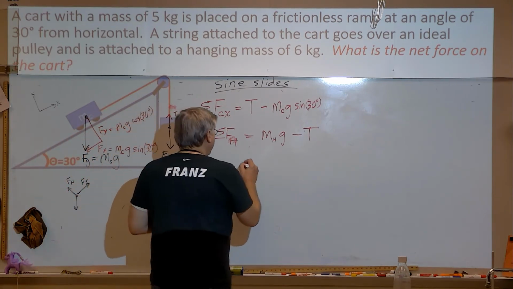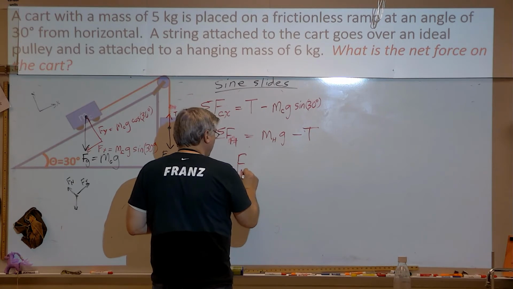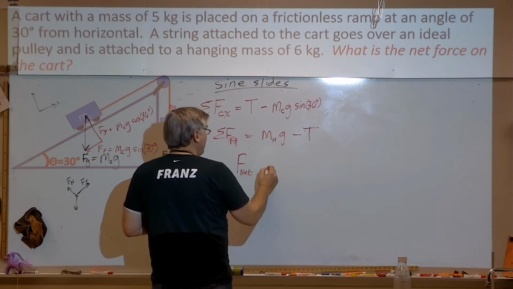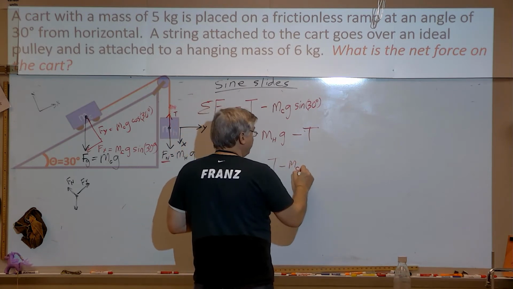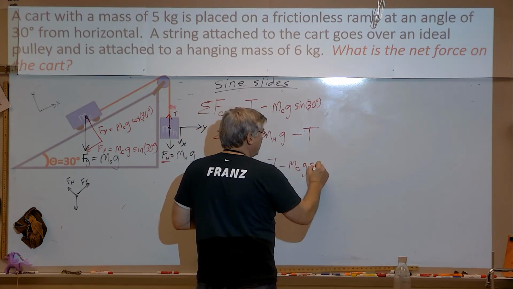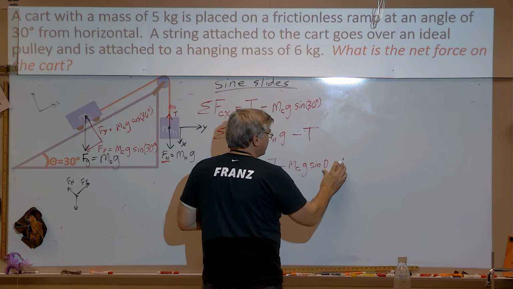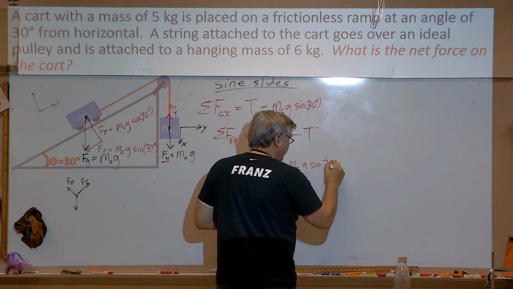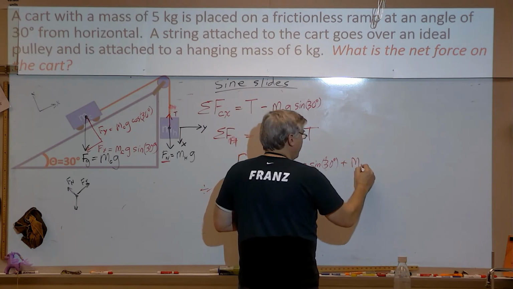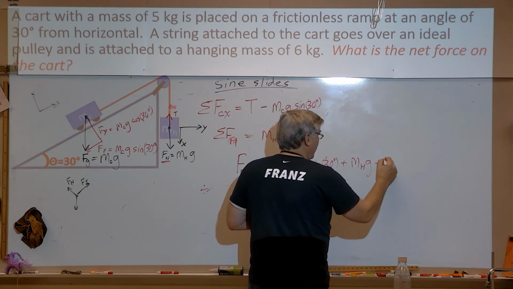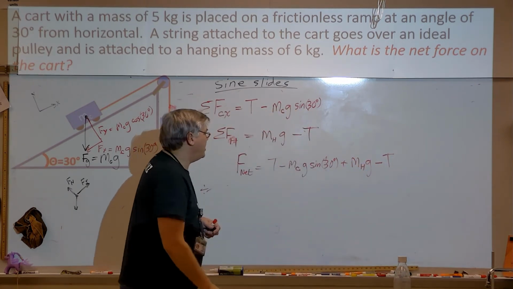So my net force on the system is going to be equal to T minus M sub C G sine theta, sine 30 degrees, pardon me, let's fill in the number, plus M sub H times G minus T. What do you notice?